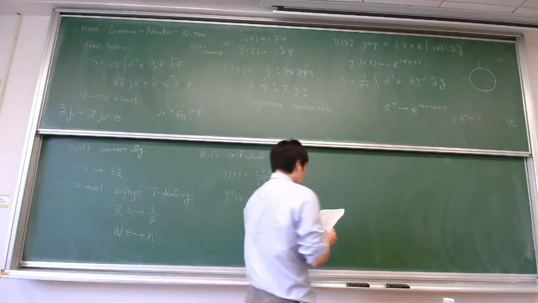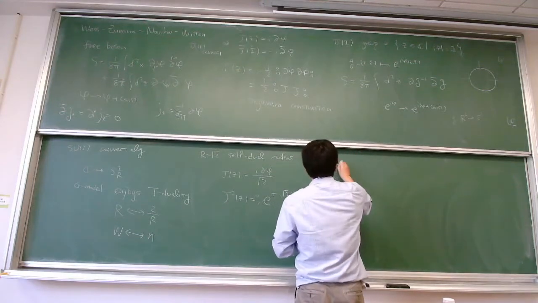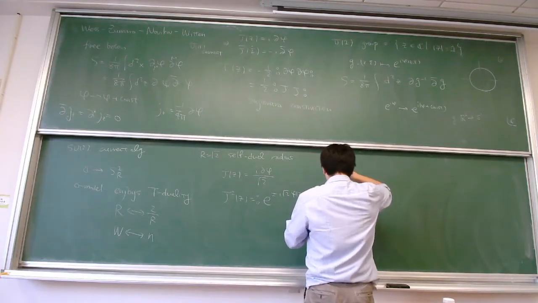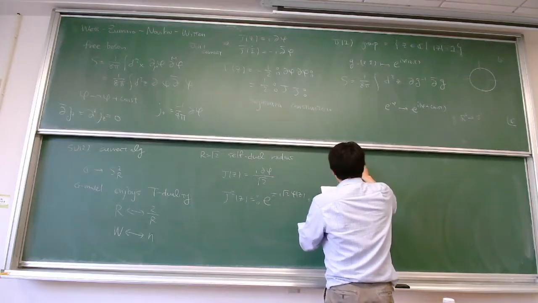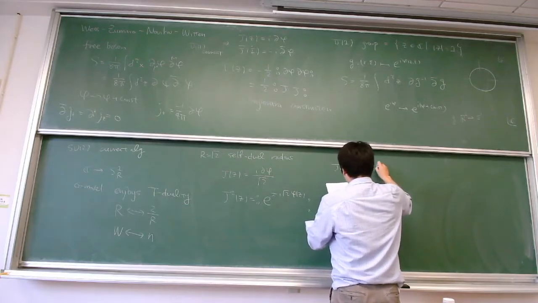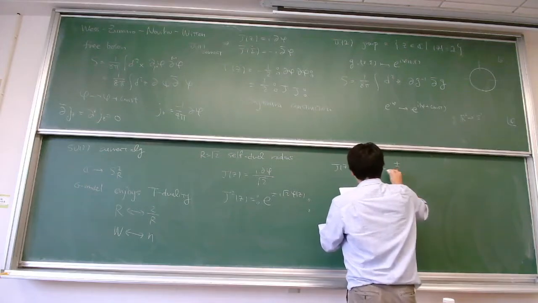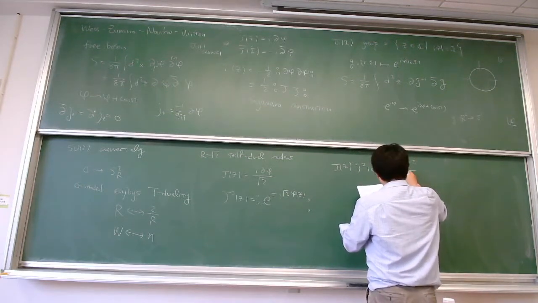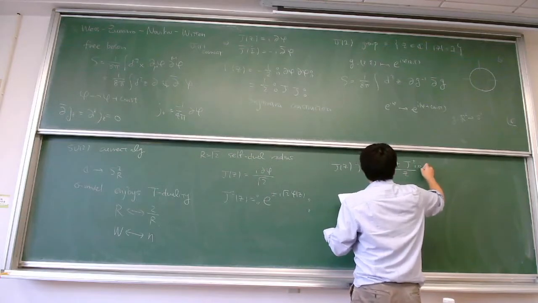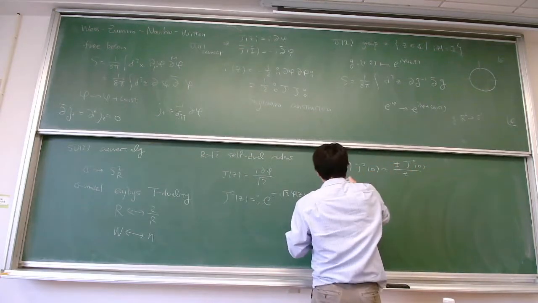So it's an essentially free boson. You can just compute the OPE. j(z) j plus minus (0) is equal to plus minus j plus minus (z) over z. So this is your OPE you can compute.